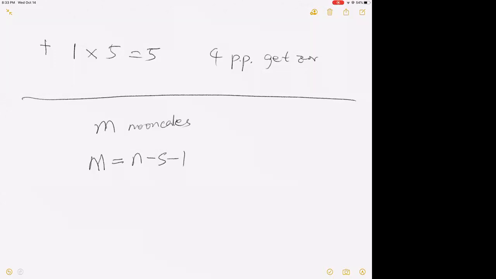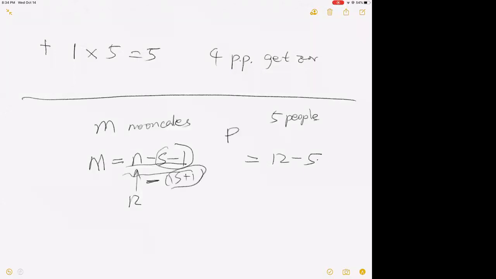Okay, let me give you a hint. If we started with 12 mooncakes and 5 people, what you're doing here is 12 minus 5. I was saying there were P people.